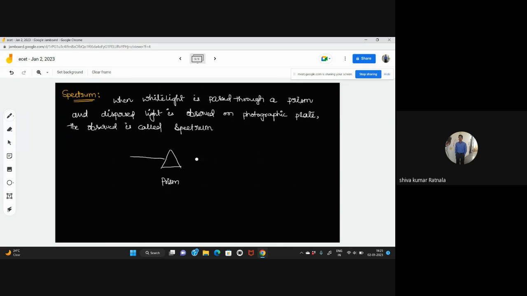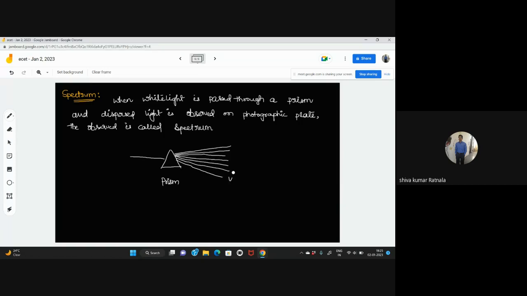When we observe on the photographic plate, the light is going to disperse like this: 1, 2, 3, 4, 5, 6, 7.